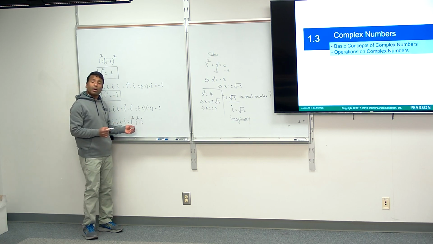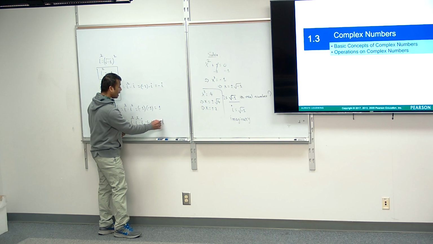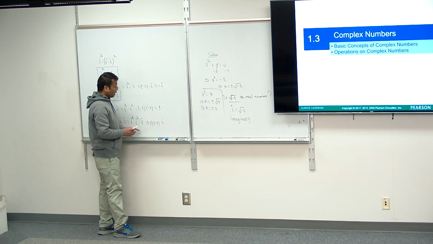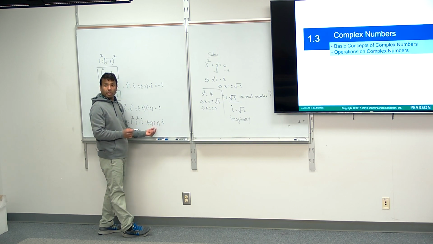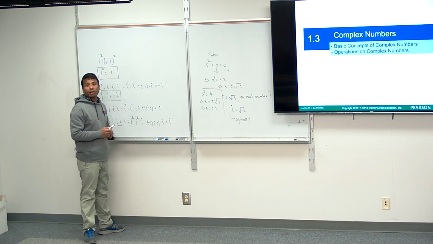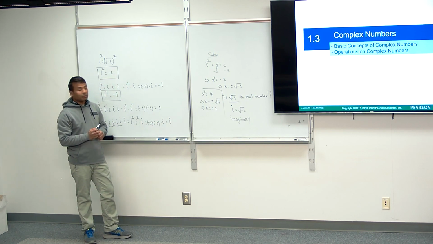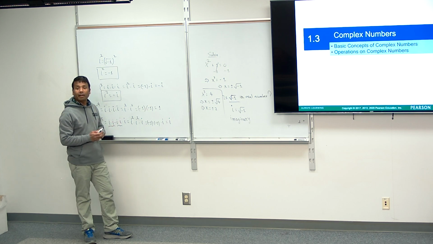And you know the value of i squared is negative 1. So negative 1 times negative 1 times i. Are you guys with me? Did you see that? Now negative times negative is positive. So positive 1 times i is simply what? i. So i to the power 5 is i.